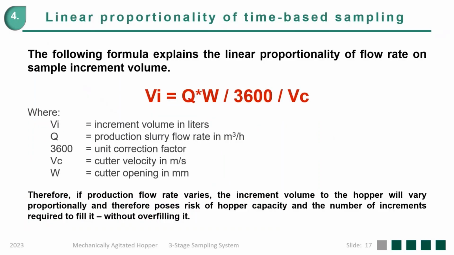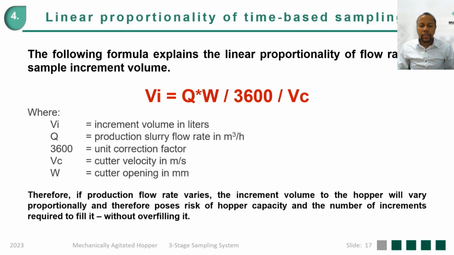The fourth topic that we are going to discuss is the linear proportional time-based sampling. The following formula explains the linear proportionality of the flow rate to the sample increment. By sample increment, we mean the sample which is collected once the primary sampler goes through the stream and takes a cut.